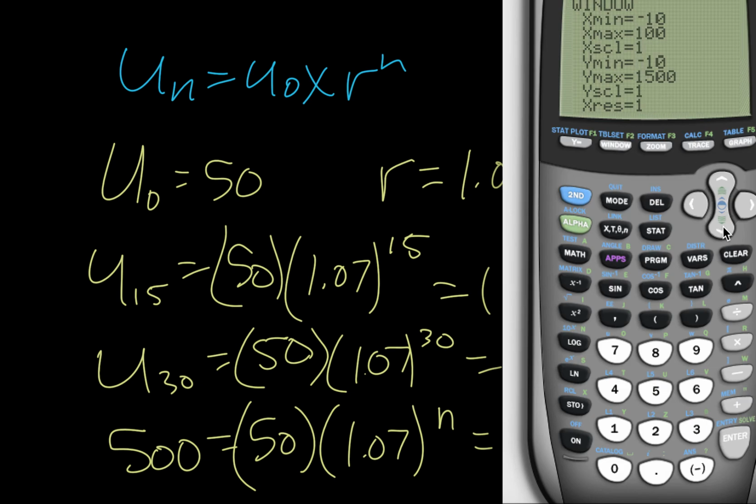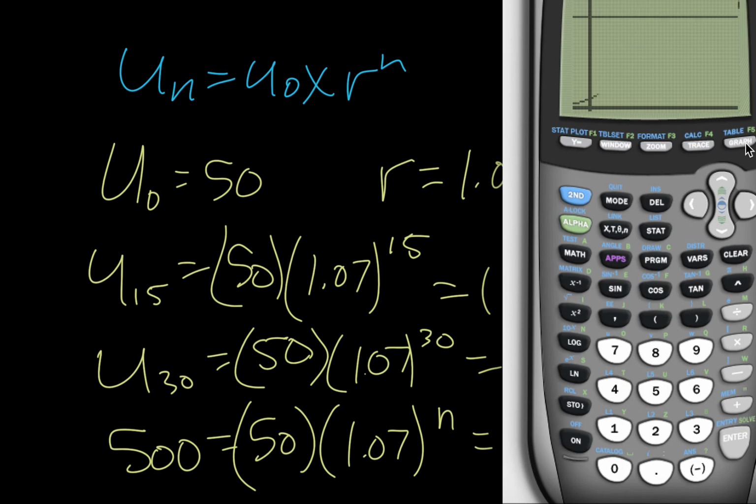We know our y max needs to be enough to see that 500, so I'm going to say it's 600. And I'm going to change this back to, let's see, maybe let's just keep it at 100. Let's see what happens.